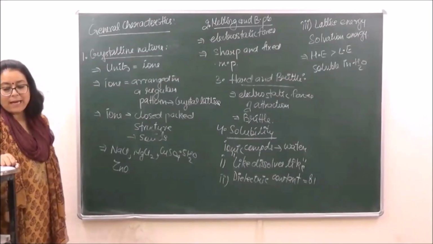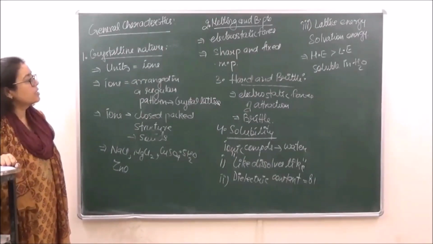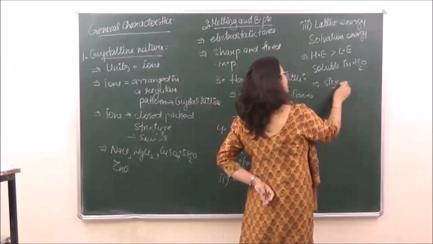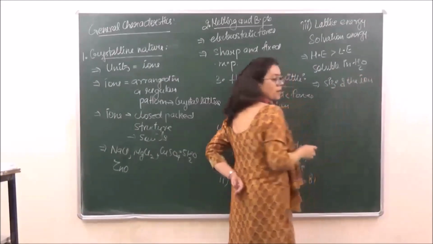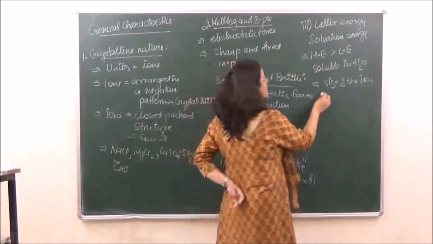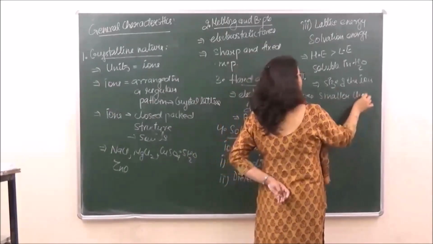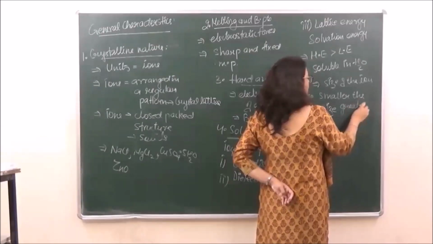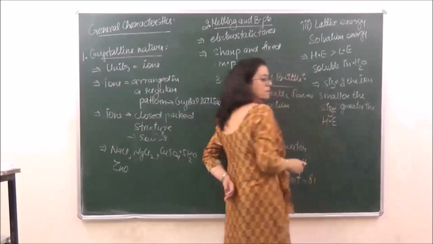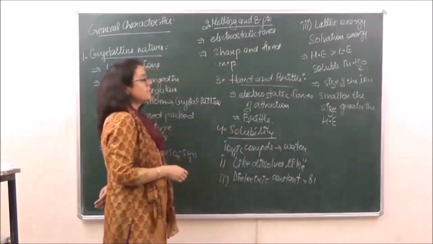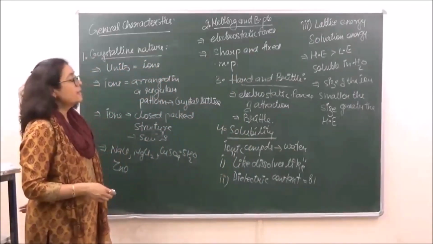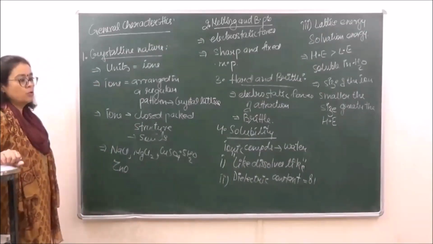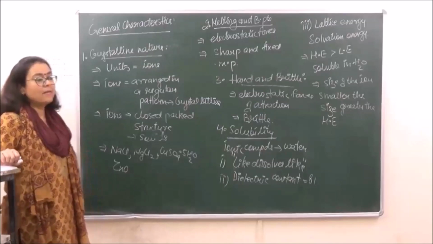The value of hydration energy depends upon the size of the ion. Smaller the size, greater is the hydration energy. That means all those ions which have smaller sizes can be easily soluble in water.